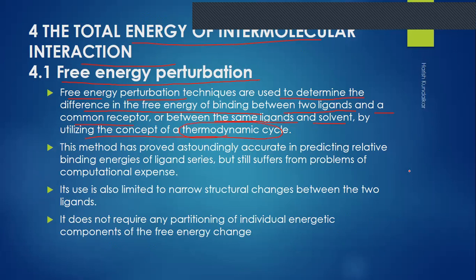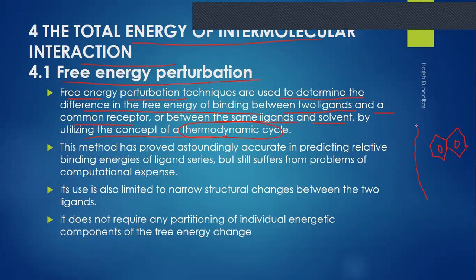Simply put together, if we have a single receptor, and we have different ligands. Sometime back in a previous lecture, I talked about naphthalene. Structurally related compounds which have only small substitutions here and there.